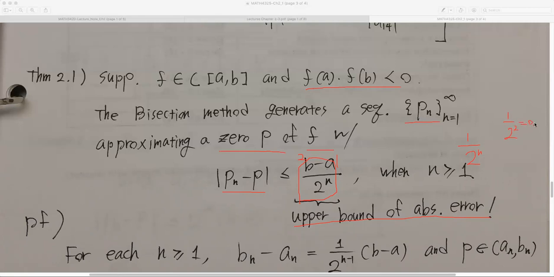So how many iterations do we need? Just 2. Two iterations guarantee that the approximate solution obtained by the bisection method is within this accuracy. This inequality is called the error bound. The error bound guarantees that the accuracy is like this, 0.25.